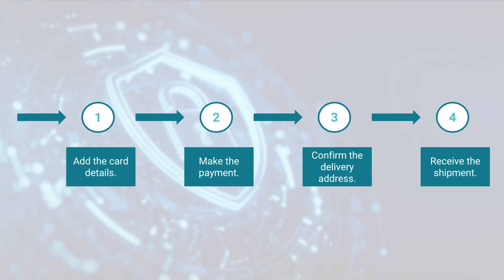But what an attacker can do is start creating a pathway and go directly from one to three, skipping step two. That means they add items to their cart, skip the payment, confirm their address, and then receive the shipment. That's the kind of vulnerability we are talking about.